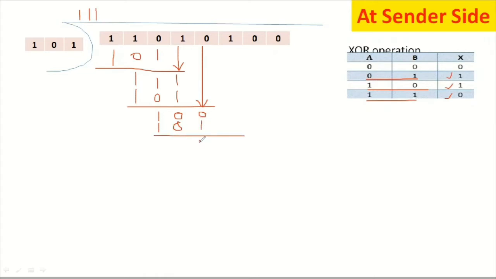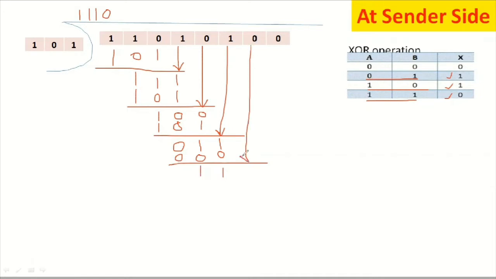So we are repeating the same XOR operation. 0 and 1 is 1 and 0 and 0 is 0. So I'm bringing 1 down. I need 3 digits which start with 1, so I have 011. So I'll be doing 000, all 3 zeros, and do an XOR operation.